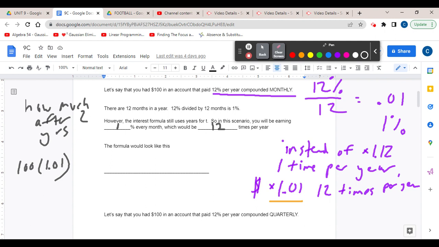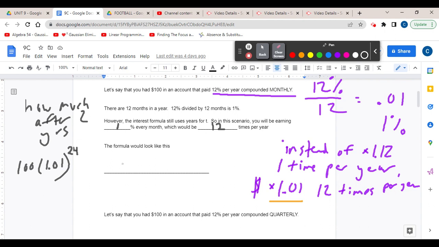After 2 years, how much do I have? Well, the exponent is not going to be 2 anymore up here, because I'm getting 1% per month. Think about 2 years. How many months is that? Well, it's 24 months. So you're going to have 100 times 1.01 to the 24th power.